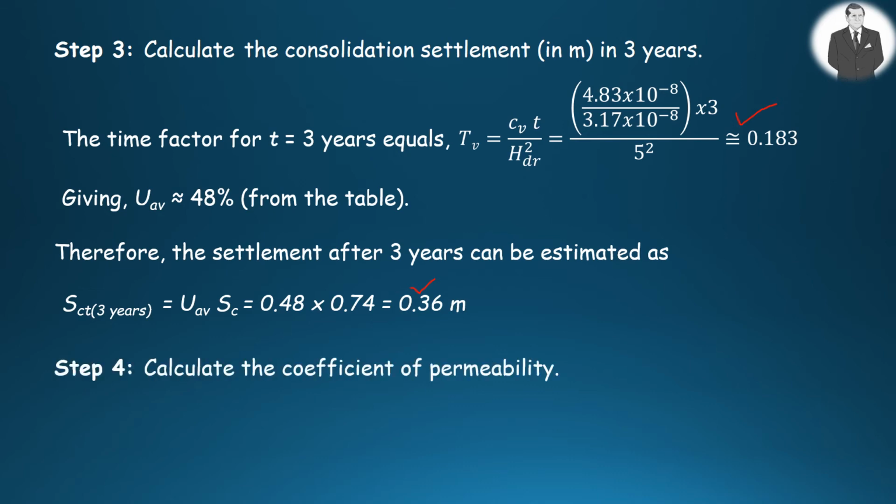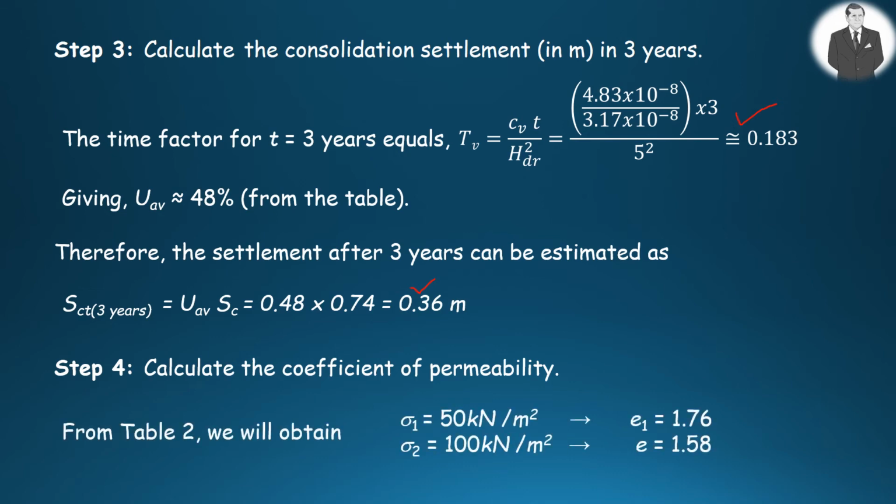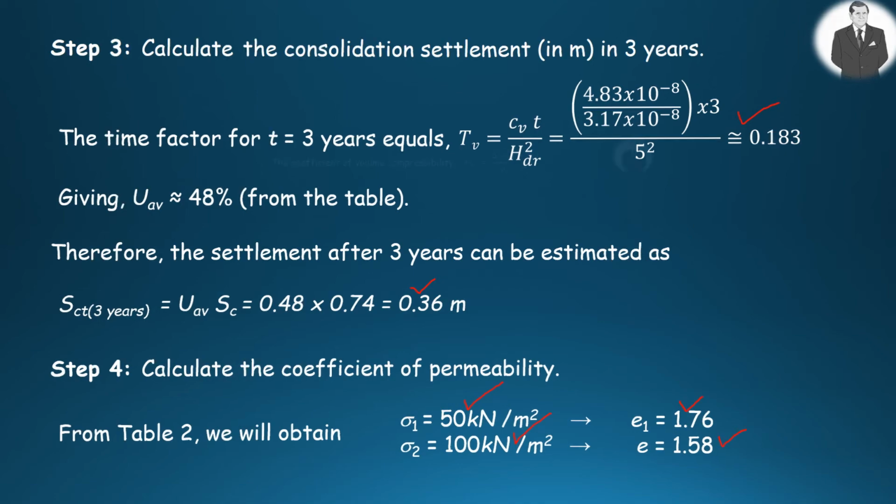The fourth step is to figure out the coefficient of permeability. For this, we need to determine the void ratios corresponding to 50 kilonewton per square meter and 100 kilonewton per square meter stresses, which are 1.76 and 1.58 respectively.